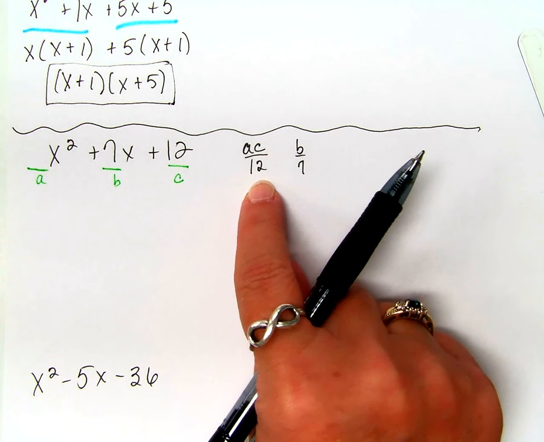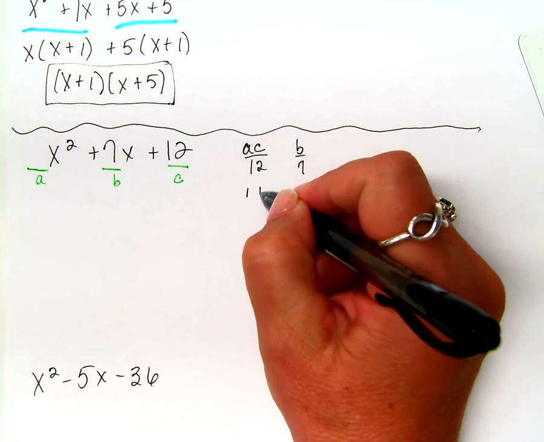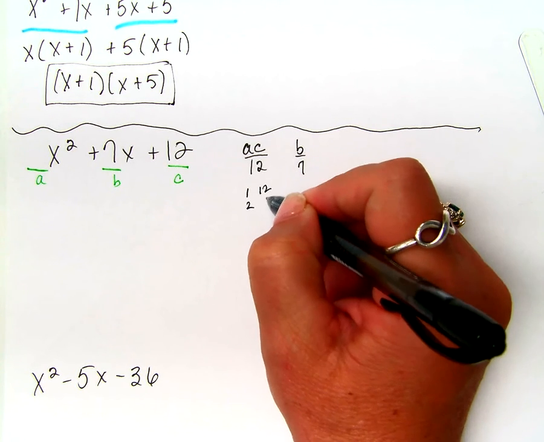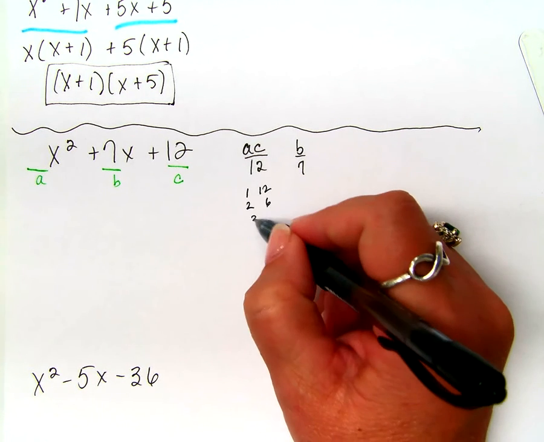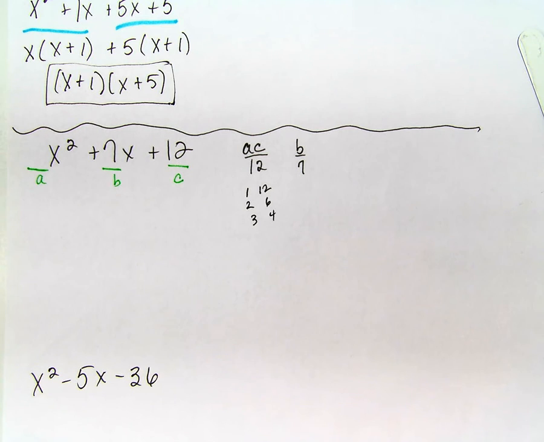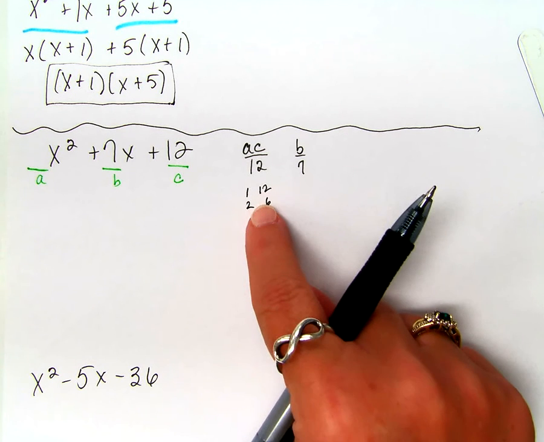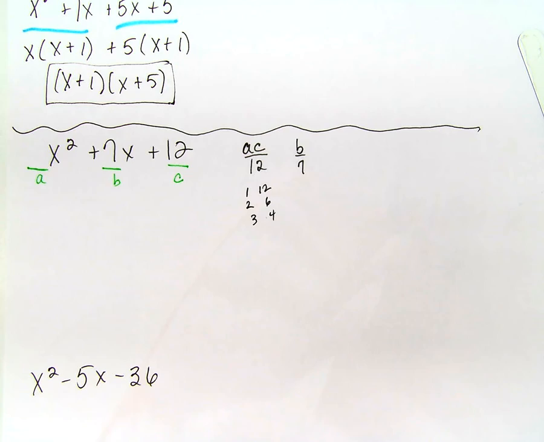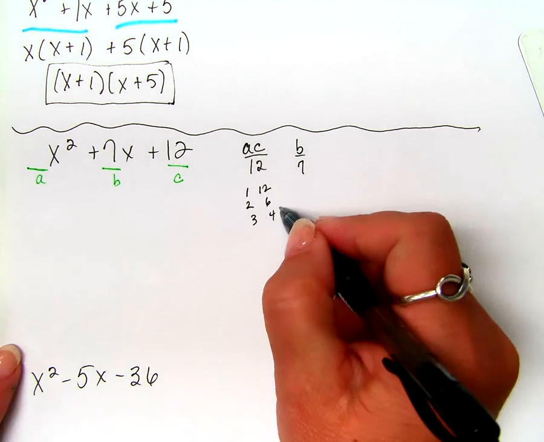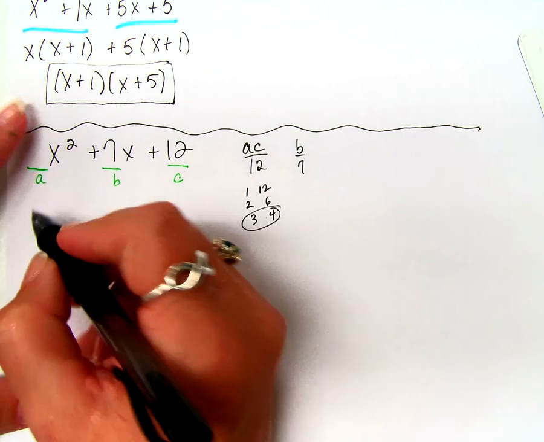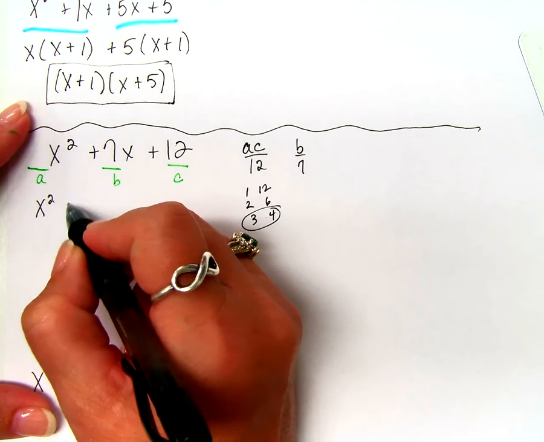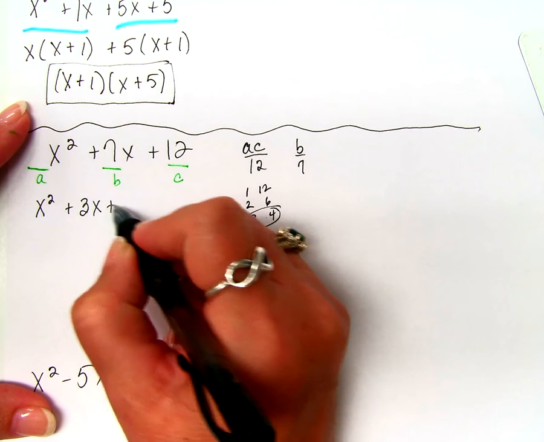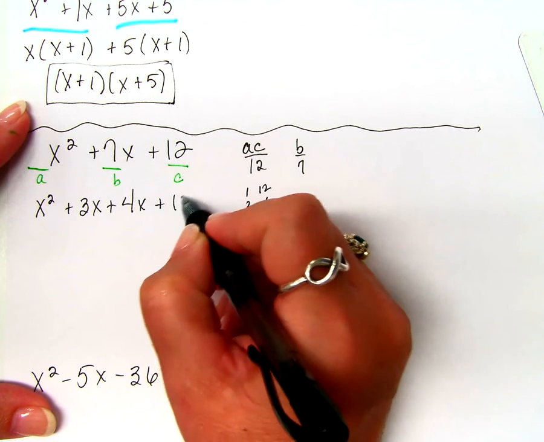All of them. 1 and 12. 2 and 6. 3 and 4. Is that it? What set of these numbers that multiply to be 12 will add to be 7? 3 and 4, right? X squared plus 3x plus 4x plus 12.